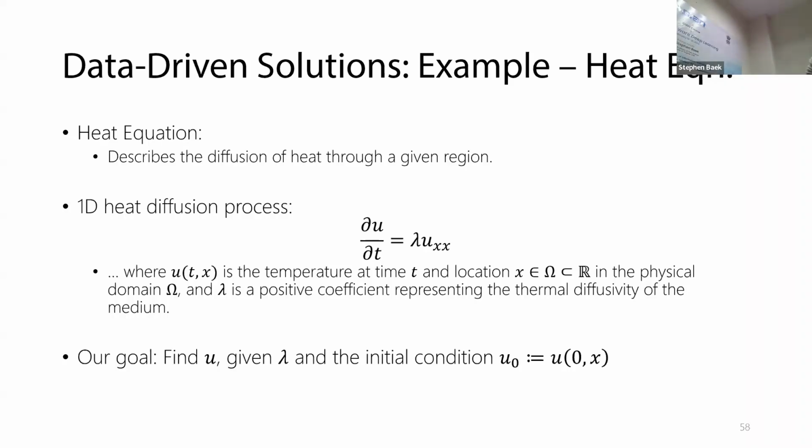The heat equation is a very simple PDE that describes the diffusion of heat through a given region. The equation looks like this, where lambda is essentially the diffusion coefficient. What the heat equation says is that the rate of change in temperature is the same as the second order derivative, or the curvature, of the temperature distribution.